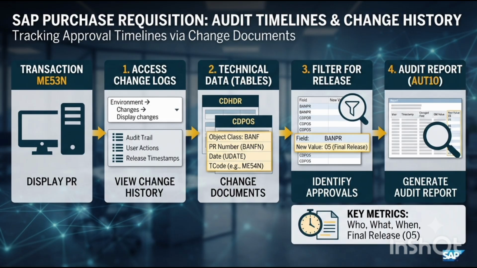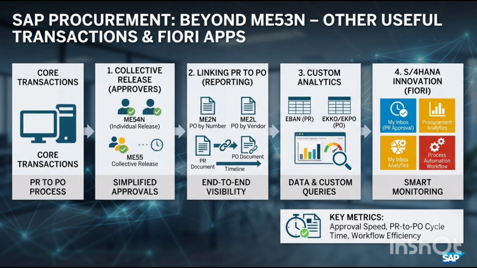Beyond ME53N and ME5A, several other standard transactions and modern applications support procurement timeline tracking. For day-to-day approvals, authorized personnel use transactions ME54N for individual release processing or ME55 for collective release management, enabling managers to clear multiple requisitions simultaneously.